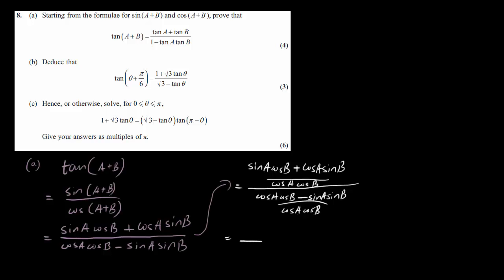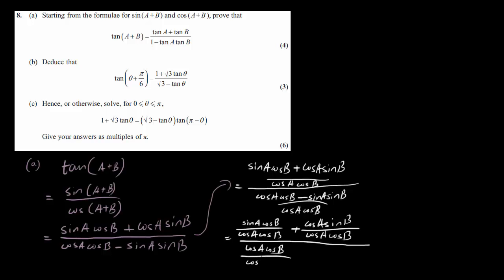If we further simplify this, it turns out to be sin a cos b divided by cos a cos b, plus cos a sin b divided by cos a cos b. Downstairs is going to be cos a cos b divided by cos a cos b, minus sin a sin b divided by cos a cos b.